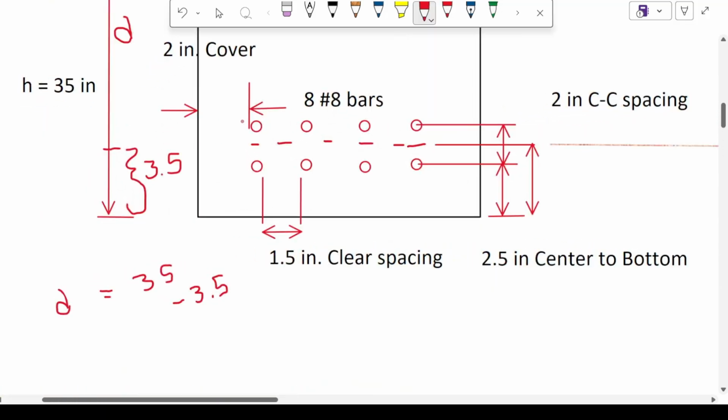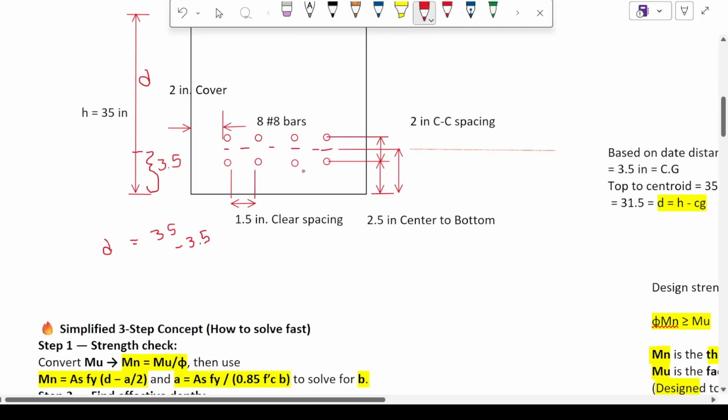So that means 2 plus 1 plus 1.5 plus 1 plus 1.5 plus 1 plus 1.5 plus 1 plus again 2. That is 2 plus 2 on both the sides, 4. Then 3 times 1.5, that is 4.5, plus the four 1 inch bars, that is 8.5, and 8.5 plus 4 is 12.5, approximately 13 inches.